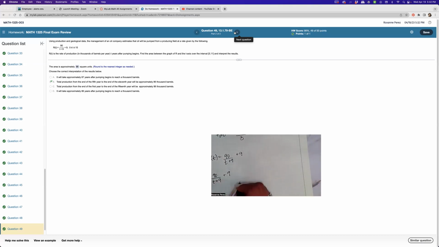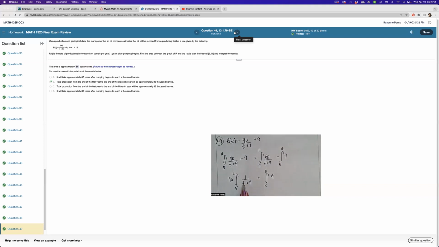So if we break this down, I'm just breaking this down into two pieces, essentially, right? So here, I just want to get this isolated. So it's going to be the integral from 5 to 11 of 1 over t plus 9, plus 9.